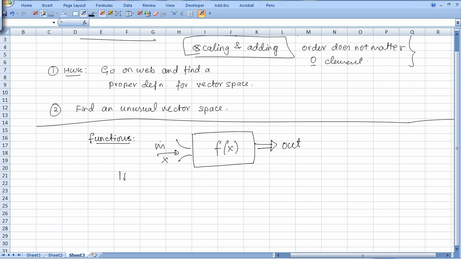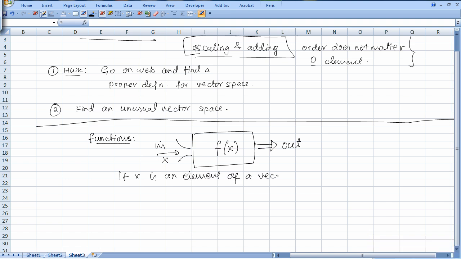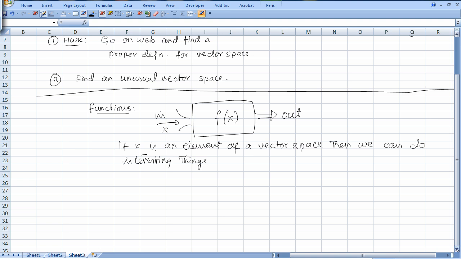So if x is an element of a vector space, then we can do interesting things. Okay, so let's look at some casual examples.